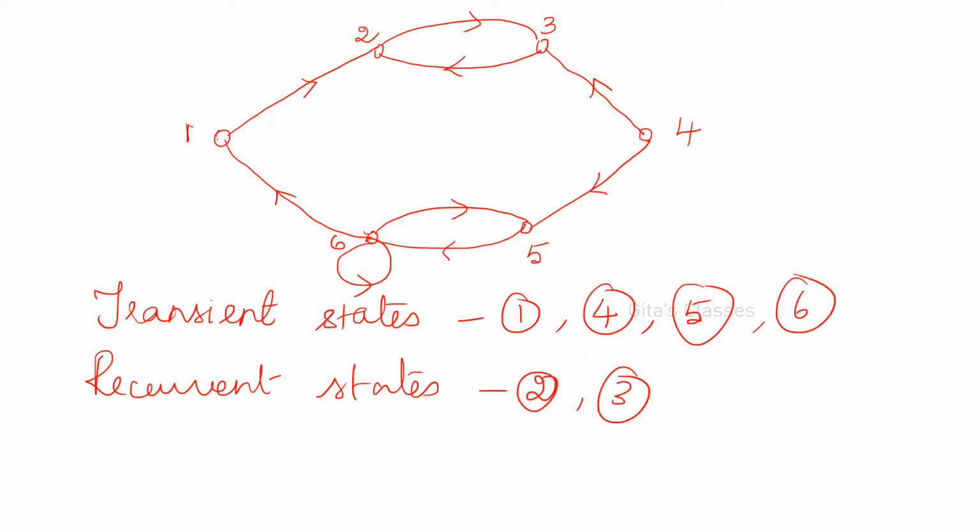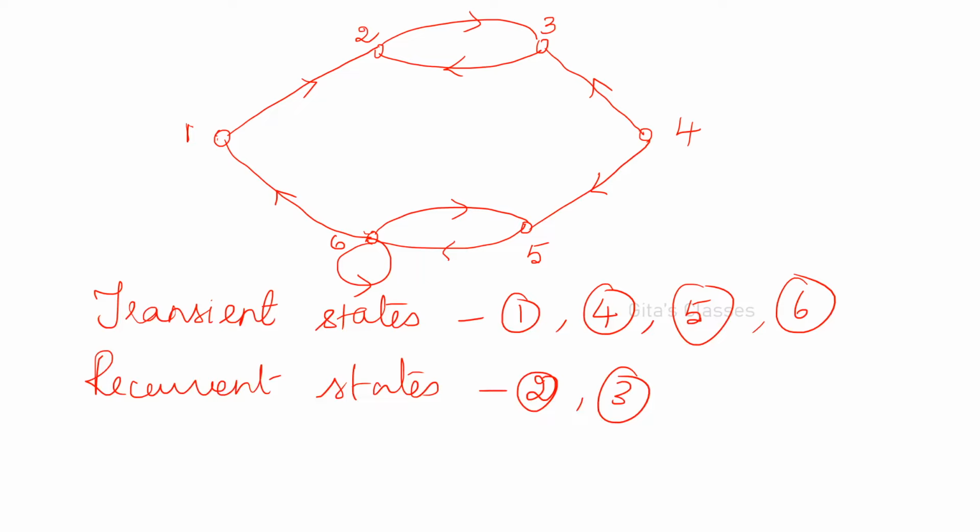Okay. So definitely here, from 2 you can go to 3. From 3 you cannot go out. The only possible outgoing element is here only. You have to come back to 2. Right. Similarly, from 3 you can go only to this route. From 2 there is no other outgoing element. So only in this direction you have to come back to 3. Therefore, 2 and 3 are recurrent. If you are sure that you can come back, then it is called a recurrent state.